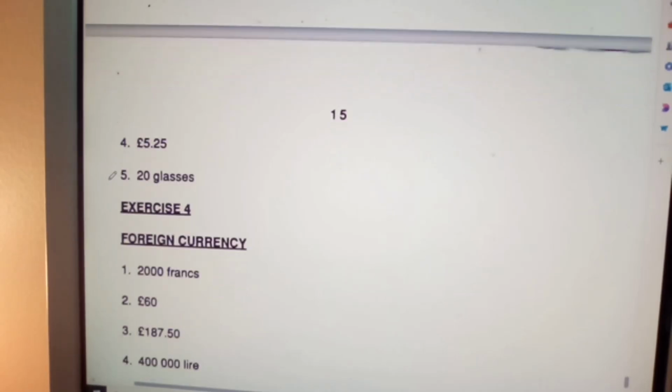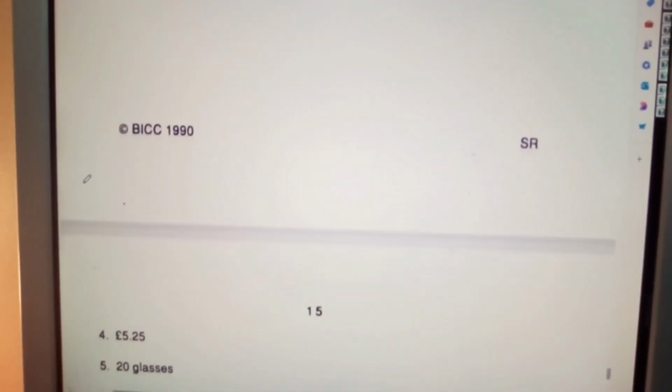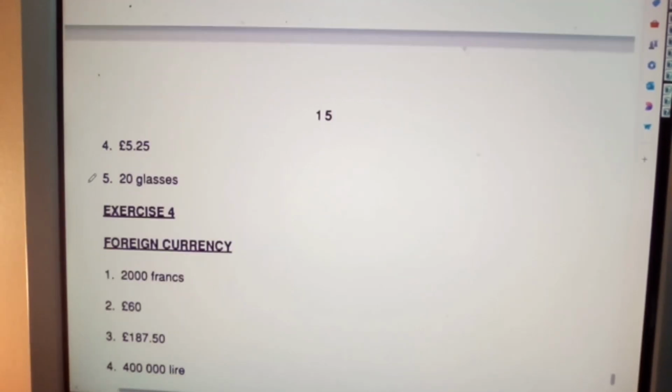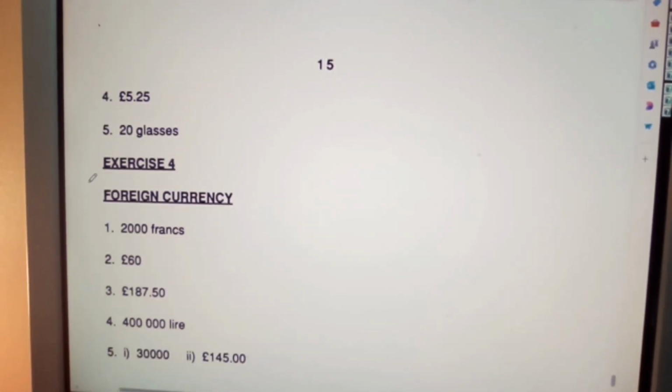And here we are. Okay. That's unusual. Did I get? Okay. No, I'm just trying to figure out why it's giving me exercise 4.